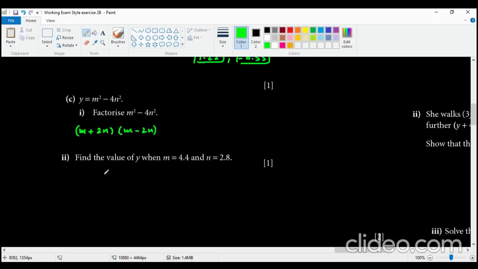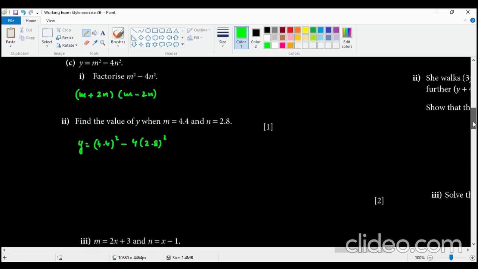Now moving on to part 2, it says find the value of y when m equals 4.4 and n equals 2.8. So y equals m square minus 4 times n square, which is 4.4 square minus 4 times 2.8 square.